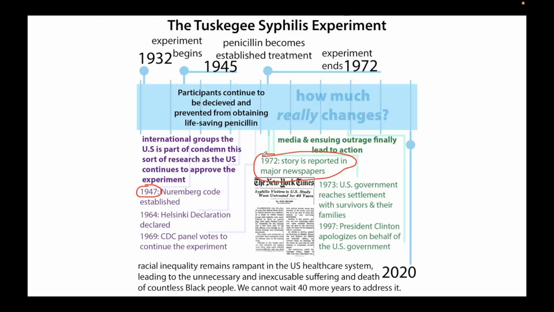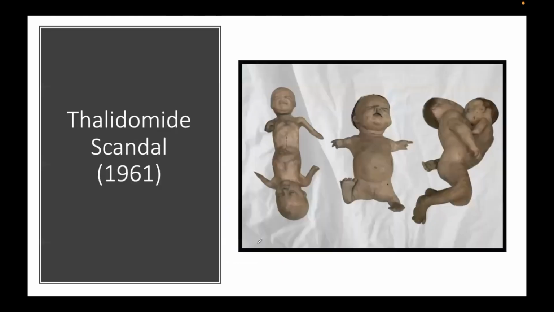Backlash. A year after, the US government now had to settle with survivors and their families the damages that were done. And it was only in 1997 when the US government apologized for such violation of research ethics.